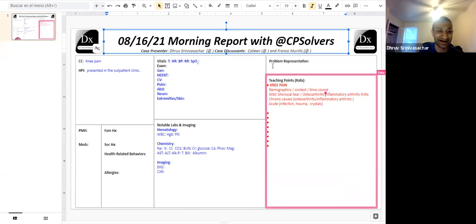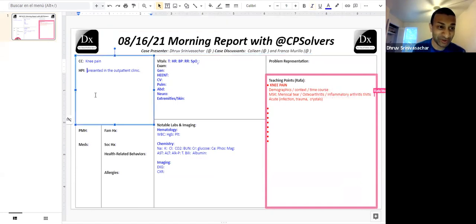Co-conspirators indeed, because let's just say that this case is a little bit more complicated than it initially looks. So let me give you a little bit more of the HPI, and then I'll also fill in the southwest corner as well. So this is a 70-year-old gentleman who is coming into the clinic. 5 days prior, he was seen in the emergency department for acute on chronic bilateral knee pain and instability.